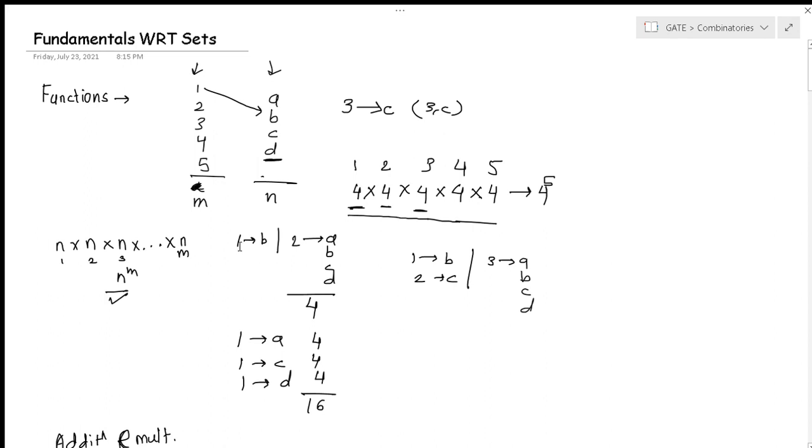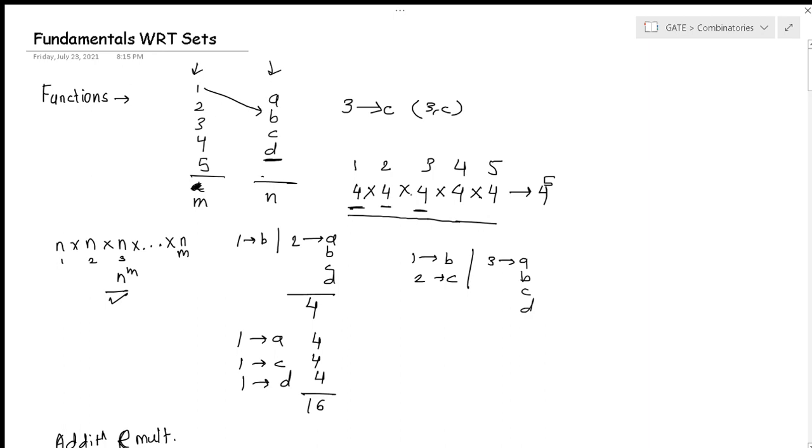Because these were independent, and in the final appearance it mattered to me which element had been mapped to which other element, so that I can tell you the total number of functions. That's why we perform the multiplication.